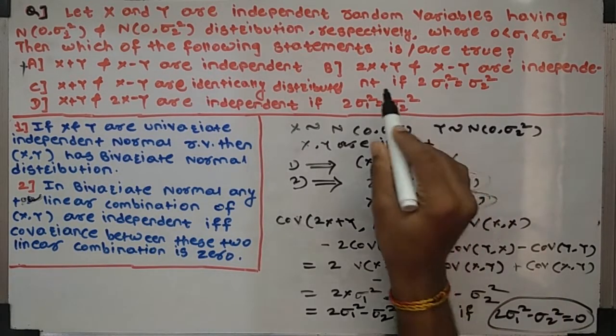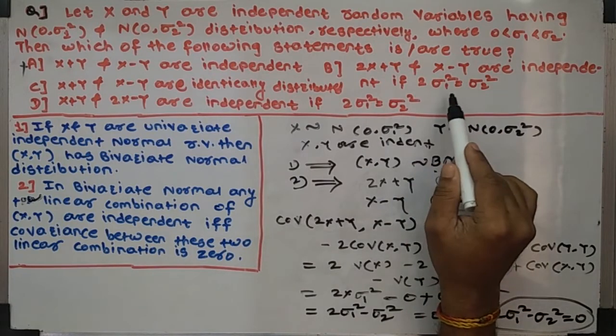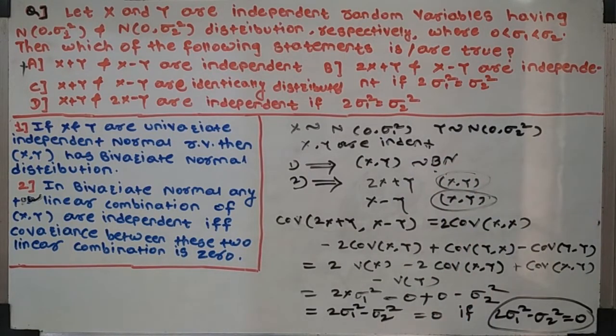So these are independent if 2 sigma1 squared equals sigma2 squared.